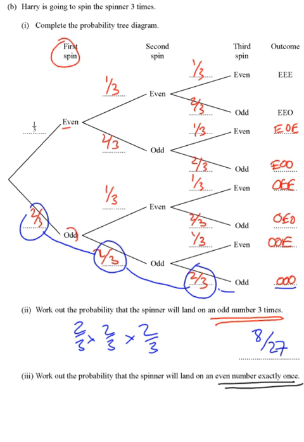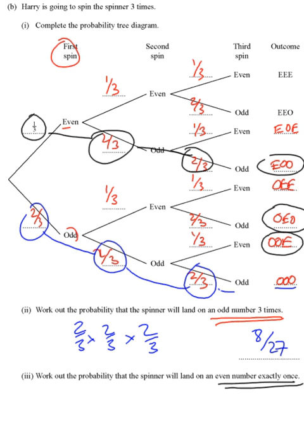Now, to work out the probability it lands on an even number exactly once, we need to look at all the different outcomes which correspond to that. So that's this one, and this one. And we're going to add together the probability of those 3 outcomes. So starting with the top one, EOO, that's going to be a third times 2/3 times 2/3.